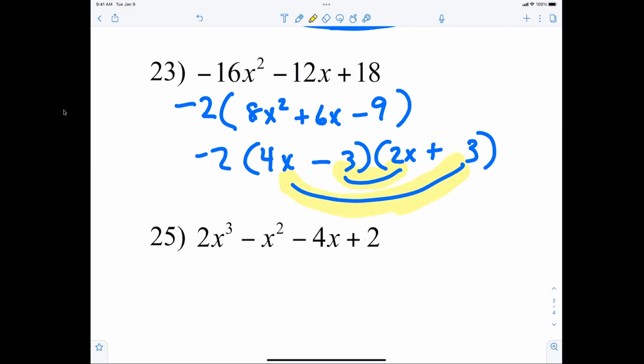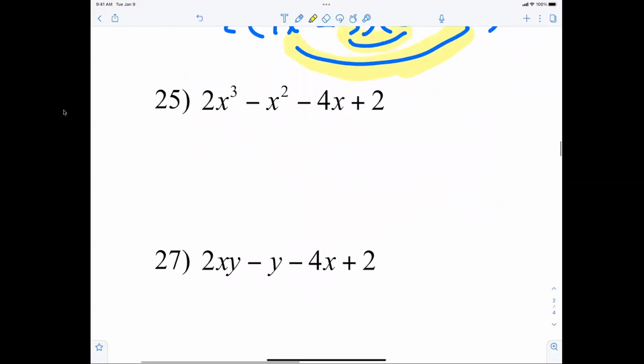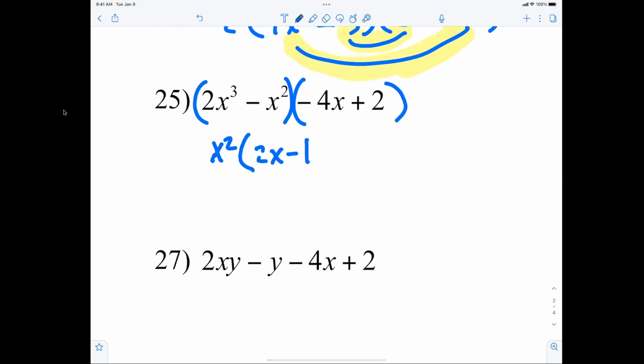All right. So here we go. Let's take a look at number 25. There's 4 terms. So we have group. Here we go. What's common? X squared. You're left with 2x minus 1. Remember, when this is negative, you factor out a -2.